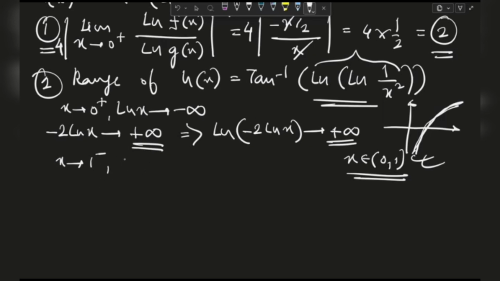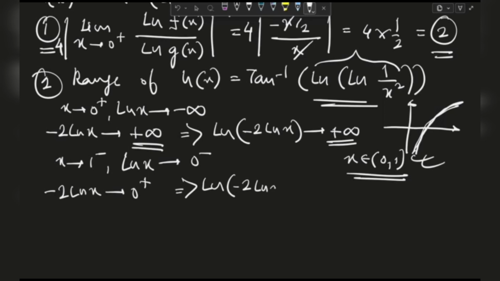Now if we tend x to 1 minus, ln x, as you can observe from the graph, will tend to 0 minus. So minus 2 ln x will tend to 0 plus, and simultaneously ln of minus 2 ln x will tend to minus infinity.